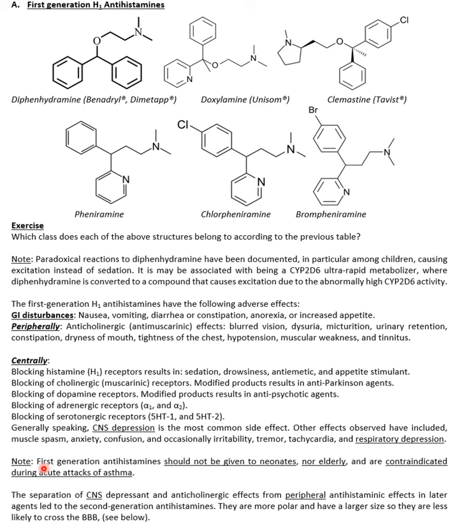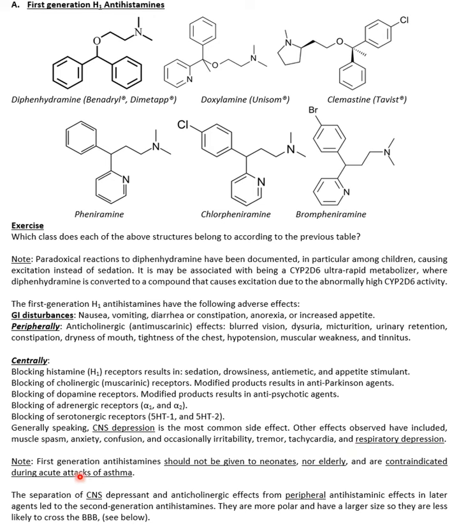So because of all that, first generation antihistamines should be avoided for neonates or even children, because as we explained here, the paradoxical reaction. They should also be avoided in elderly because of the chance that they might develop Alzheimer's, and they are contraindicated for acute asthma attack because they might cause respiratory depression.